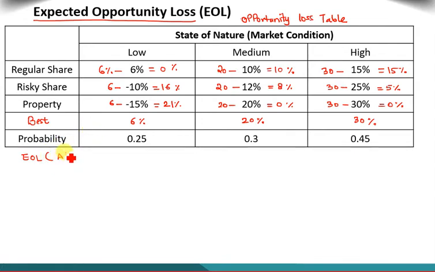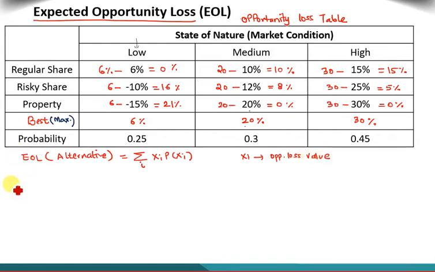So similar to EMV, we will calculate expected opportunity loss for each alternative, which is given by the formula summation over i of xi p of xi. Now here xi, instead of payoff, represents the opportunity loss value.